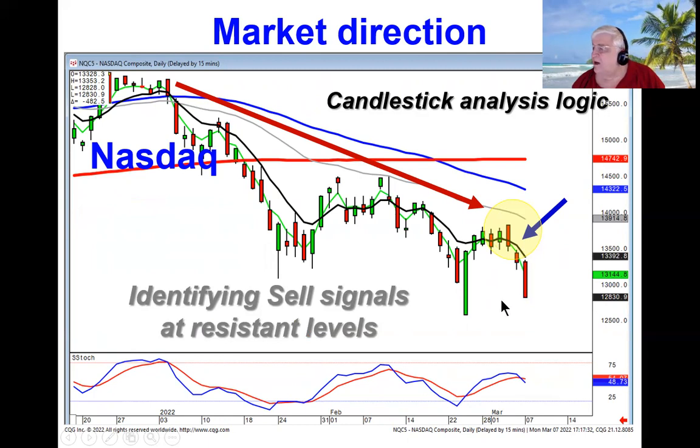If you're in a downtrend, we know the T line works as a very relevant support and resistance level. We can see the bearish engulfing signal right here at the T line, a lower open on Friday, closed lower. Told us they weren't going up, they were still going down.